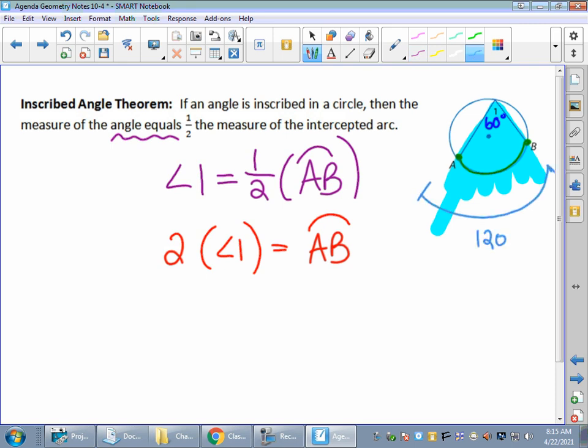Or I could give you the other way. I could say arc AB is 100 degrees, which means angle 1 would have to be half of that, or 50. So the angle is half the arc, or the arc is twice the angle.